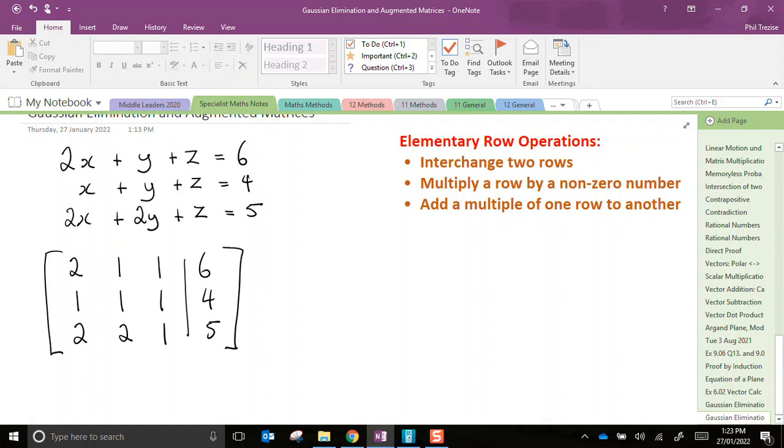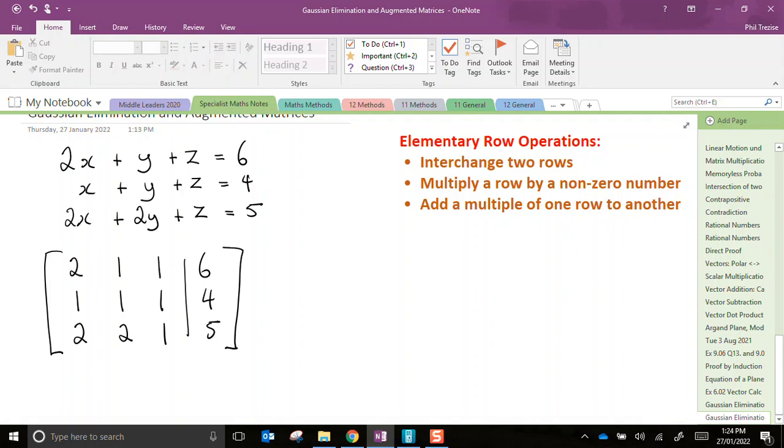Now, the Gaussian elimination technique that was the topic of the last video can be applied to this augmented matrix. And whereas we were adding and subtracting multiples of entire equations, we would now add and subtract multiples of one row or another.